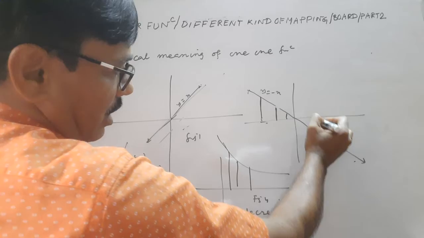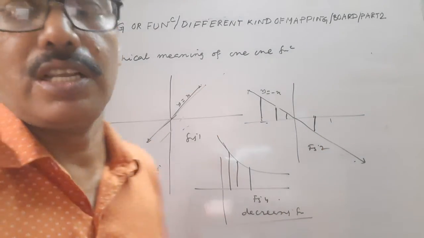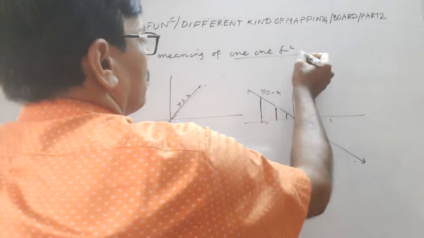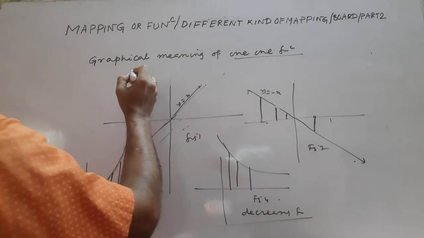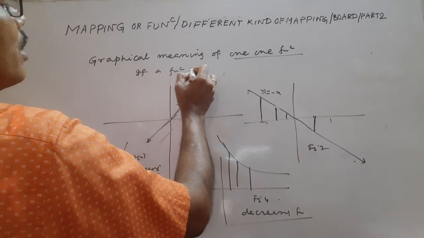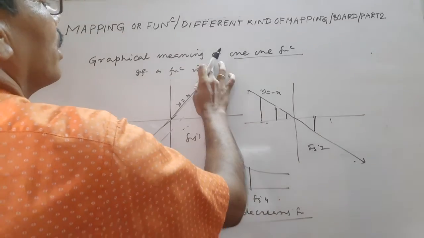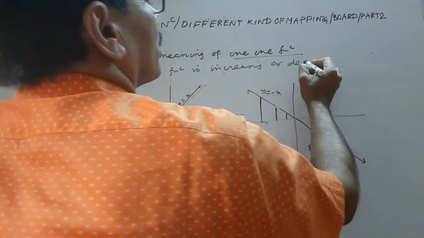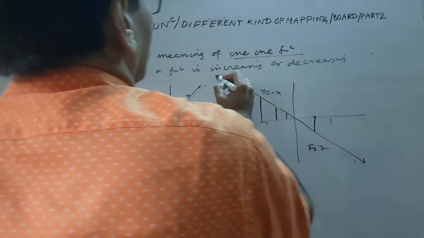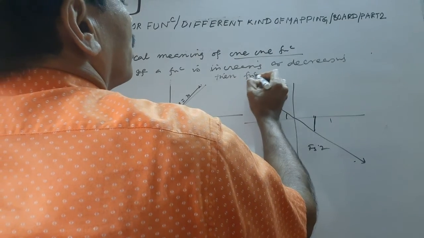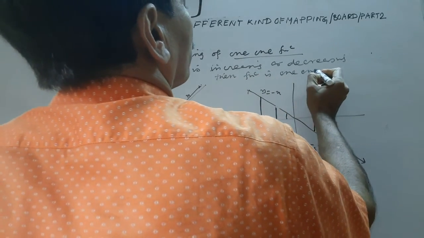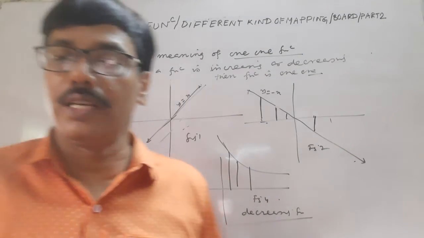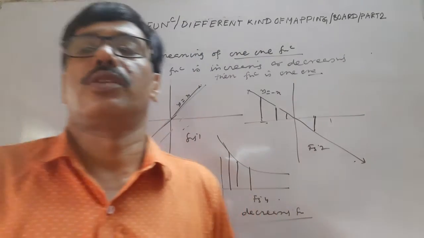Look, y is negative, that is why it decreases. If a function is increasing or decreasing, then it is a 1, 1 function. So what is the conclusion? If we prove it is increasing or decreasing, then the function is 1, 1. This is its geometrical interpretation. If it is neither increasing nor decreasing, then it is not 1, 1.